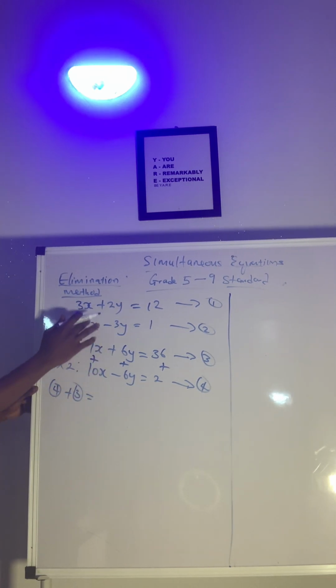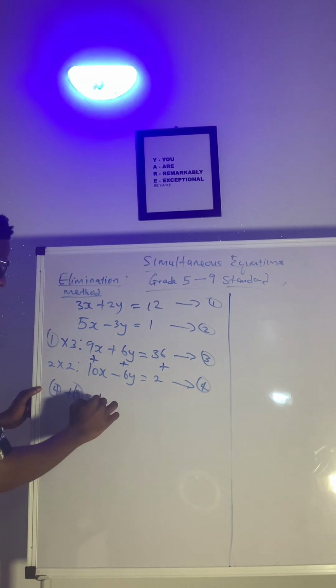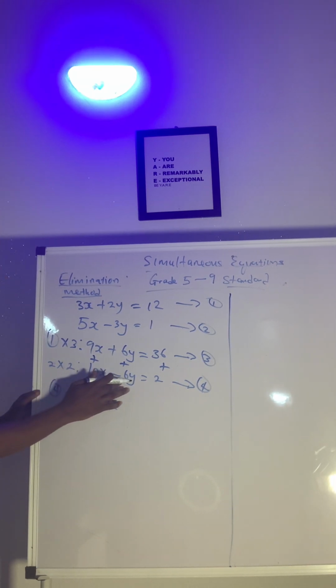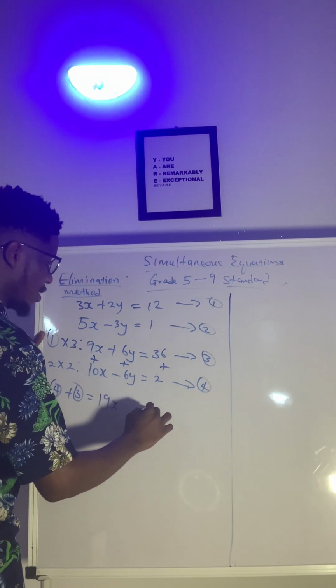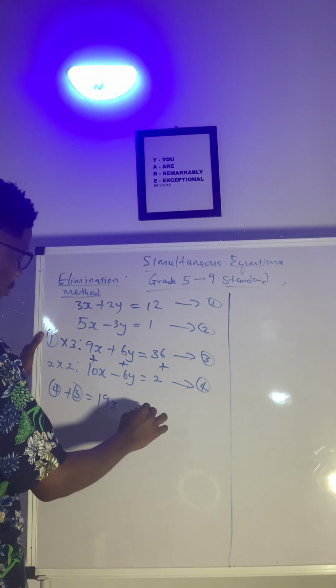10x plus 9x will give me 19x. Now negative 6y plus 6y is going to give me 0.